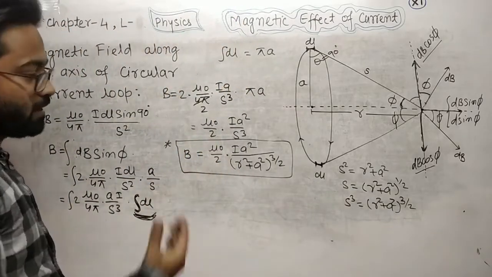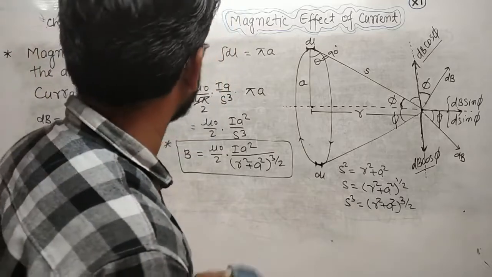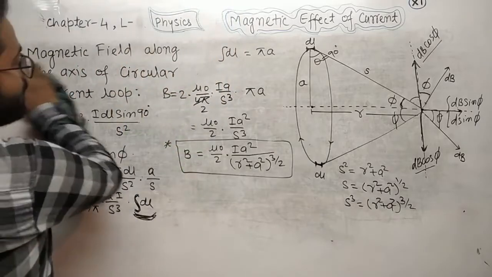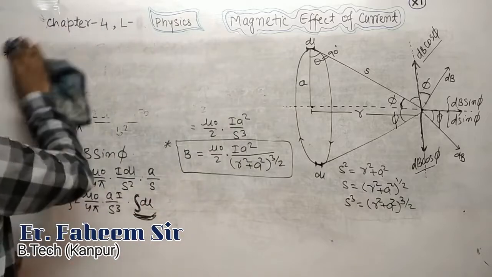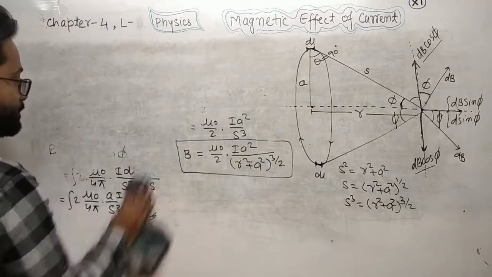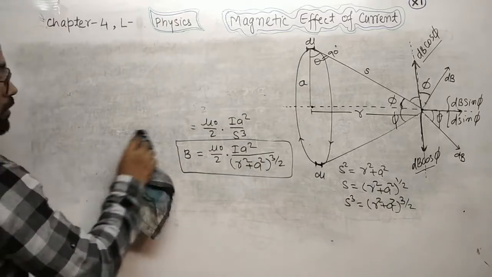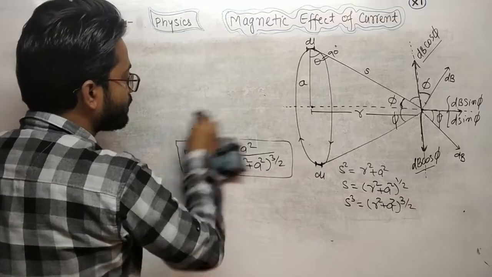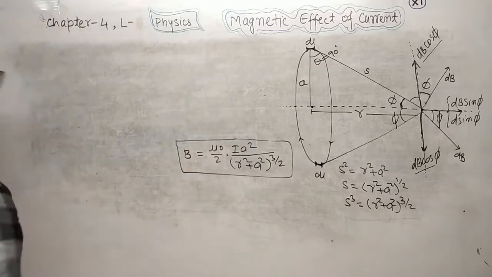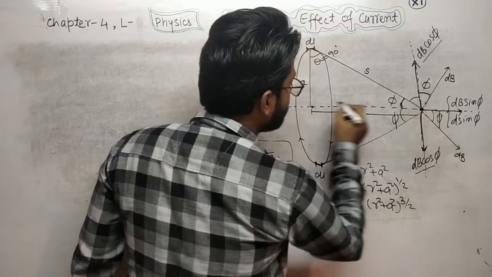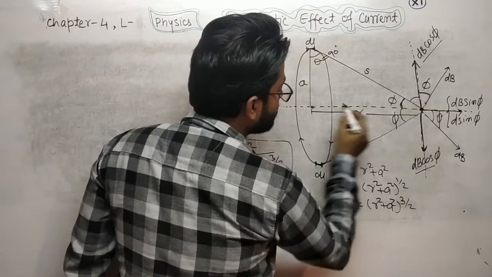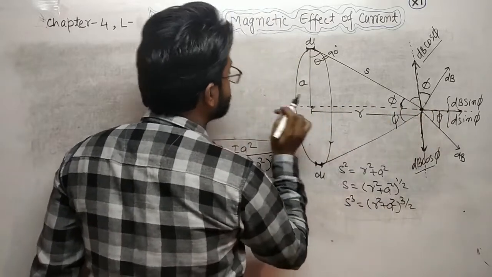This particular derivation will also have some special cases. If you put that point at the center, that means this r is 0.